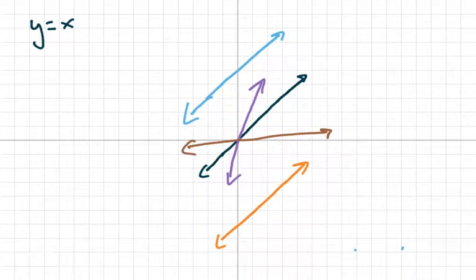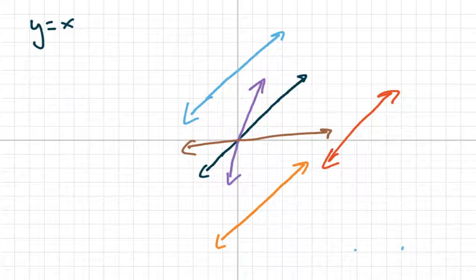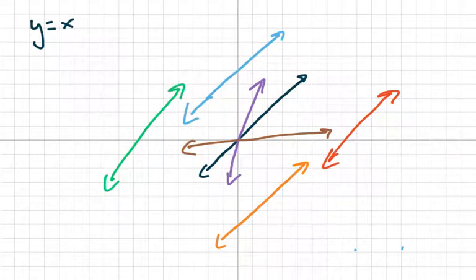We can shift it to the right, and I already used orange, green to the left. There's just a lot we can do, okay?